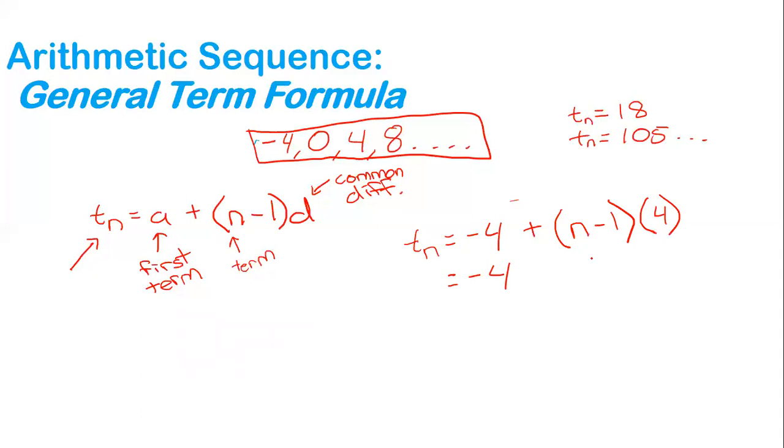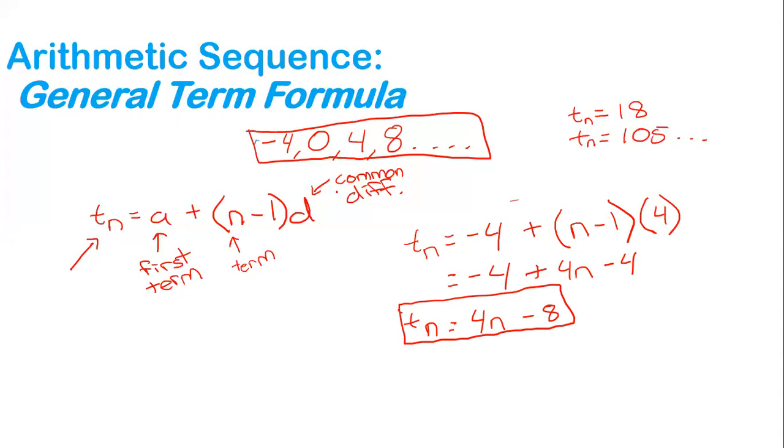We'll go ahead and distribute the 4 into our brackets. We have 4n minus 4. Collecting like terms, we have t sub n equals 4n minus 8. And that's it. That is our general term formula for the above sequence.